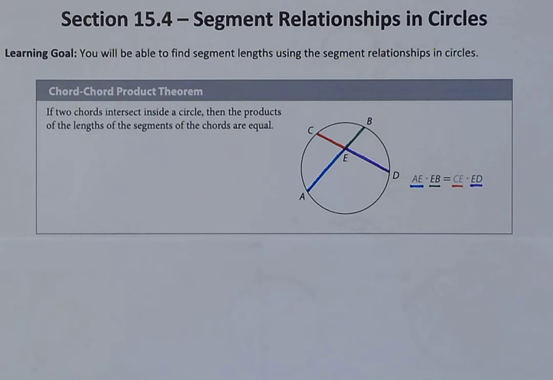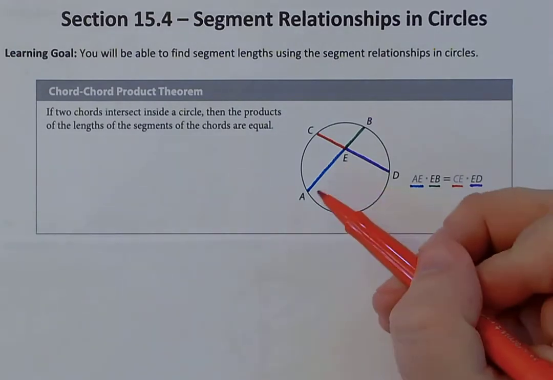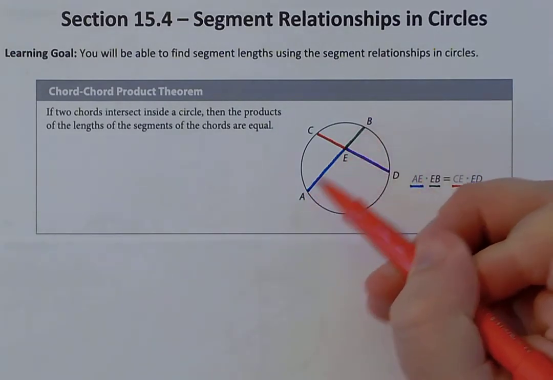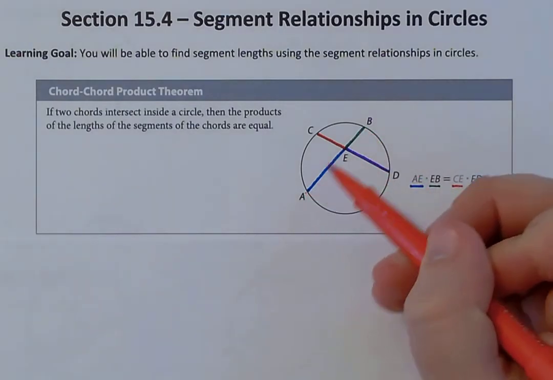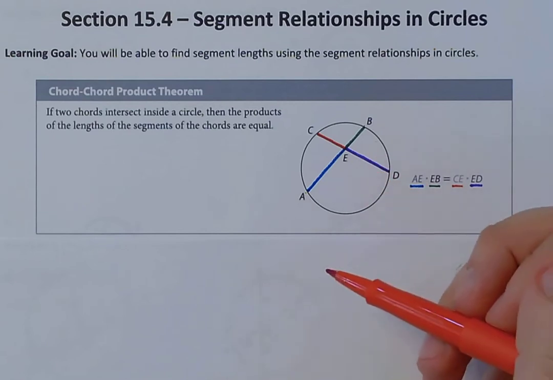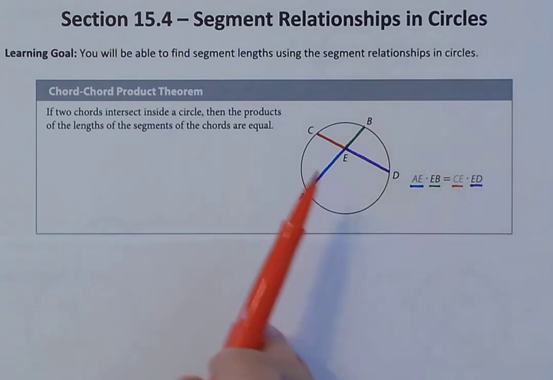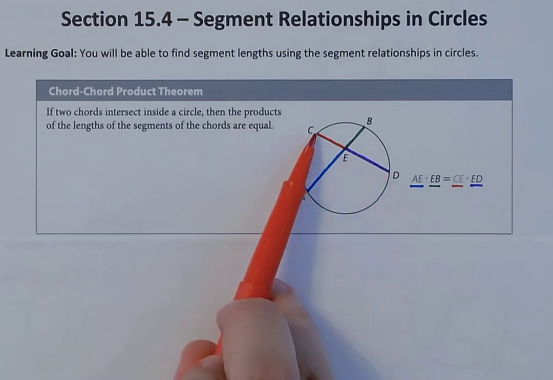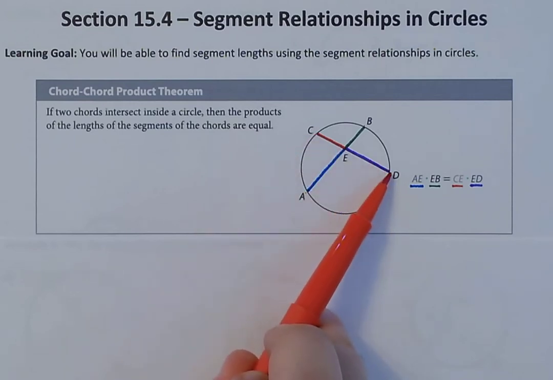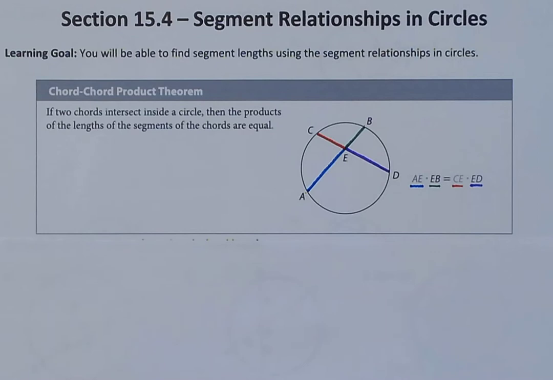So, two examples of a chord would be AB, because it's a line that goes through the circle, and its endpoints A and B are both on the edge of the circle. Same with CD. This is another chord because both endpoints, C and D, are on the circle, and it goes through the circle. So we have our two chords, AB and CD.